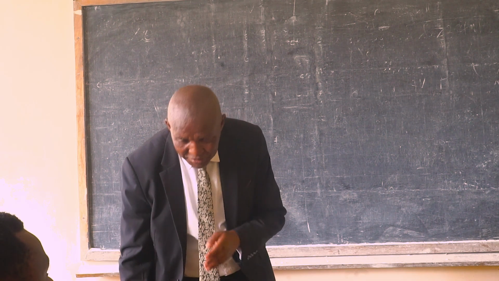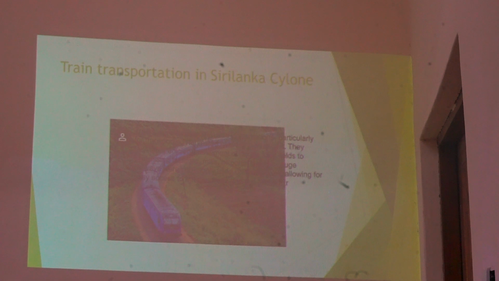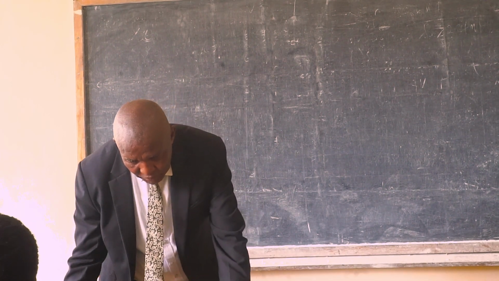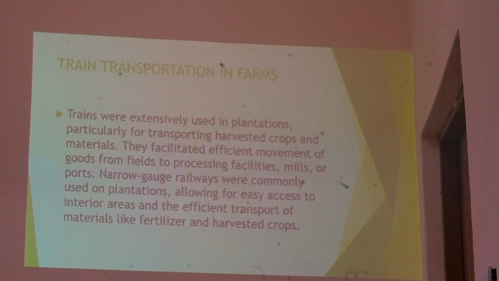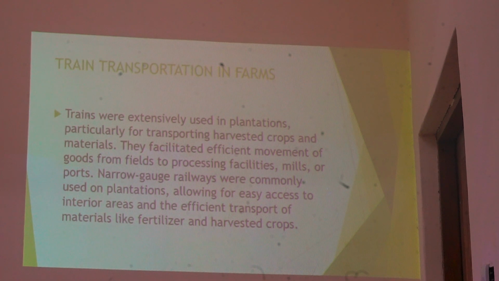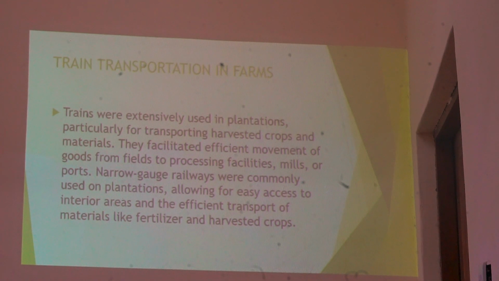So this is railway transportation in a tea farm in Sri Lanka, Ceylon. Train transportation in farms. Trains are extensively used in plantations, particularly for transporting harvested crops and materials.